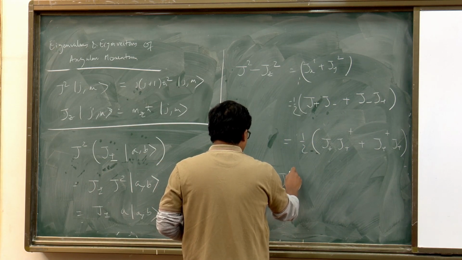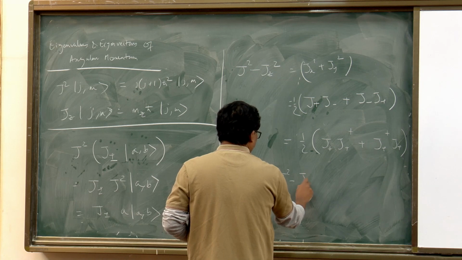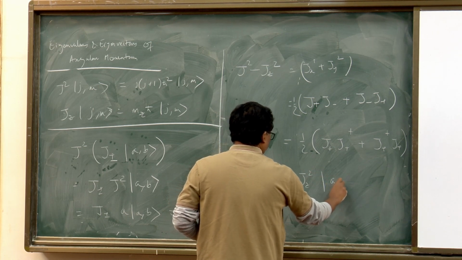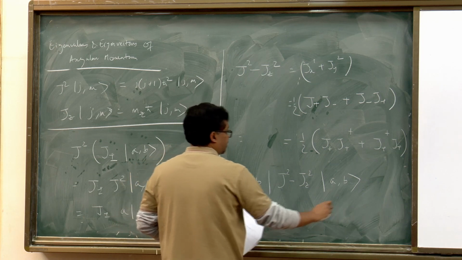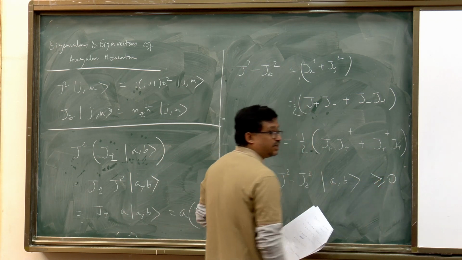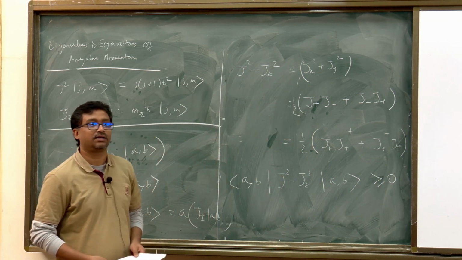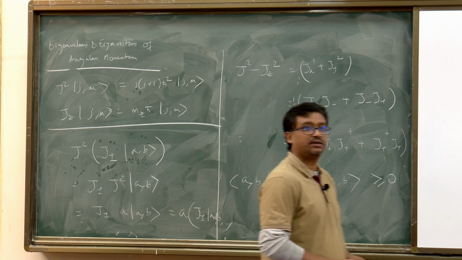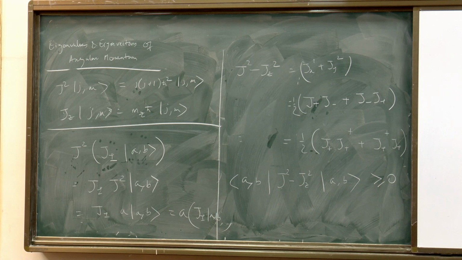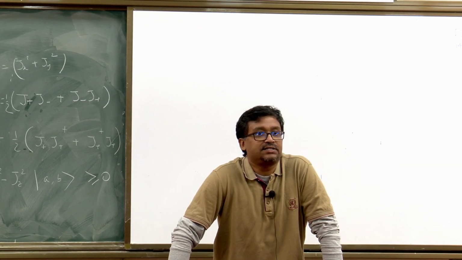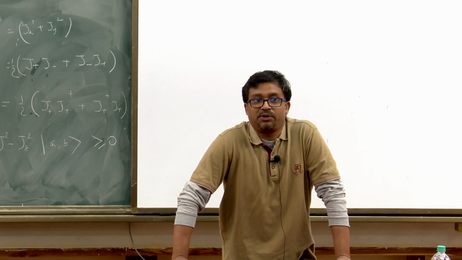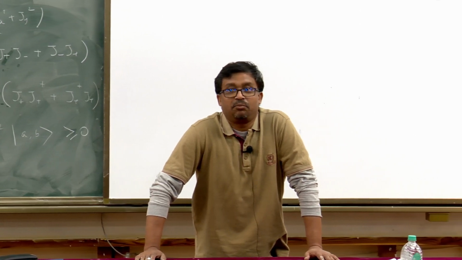Which means that if I take the operator, that has to be greater than or equal to 0. Can we take that? C dagger C, if C is a complex number, C dagger C is not a complex number, right?